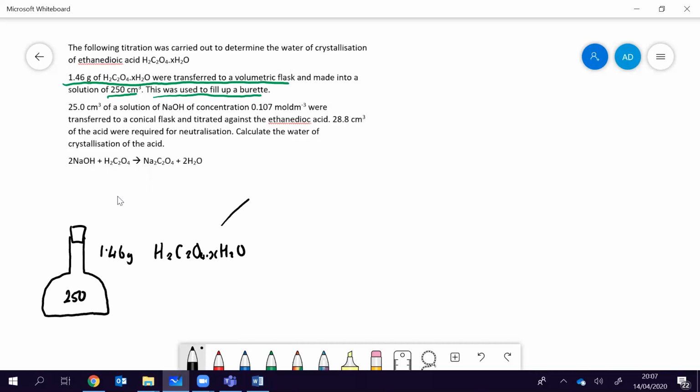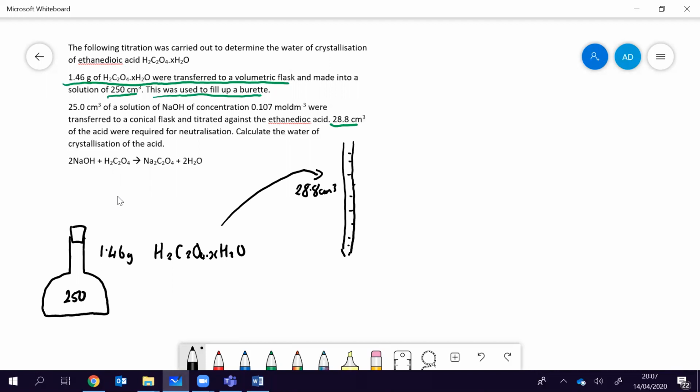That is then used to fill up the burette, which is here. And how much of that was used in the titration? Well, it says later down that you need 28.8 centimeters cubed of that. So I'll put that in there, 28.8 centimeters cubed.